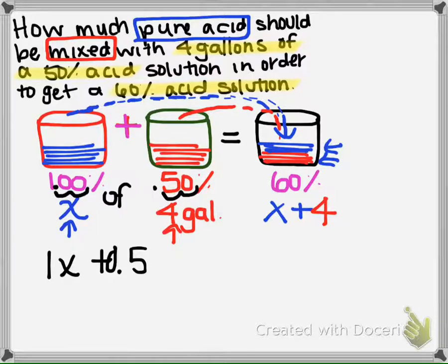And times 4, the 4 gallons here, because 50% of that amount is acid. So that's why we're multiplying. And then 60% to form a 60%.